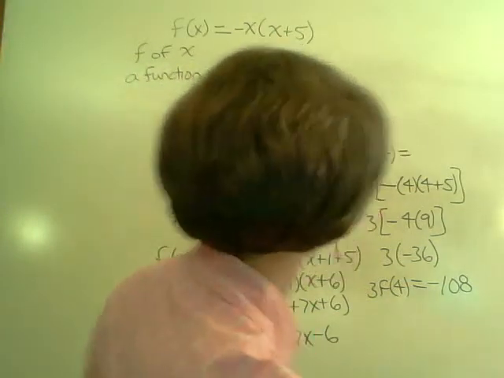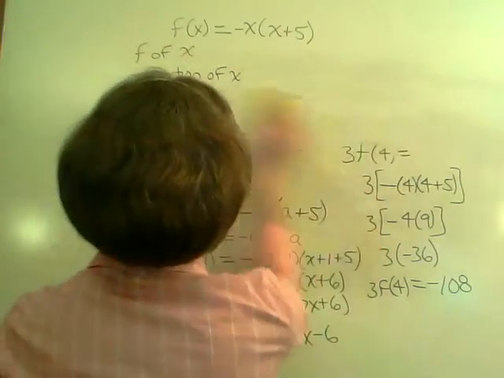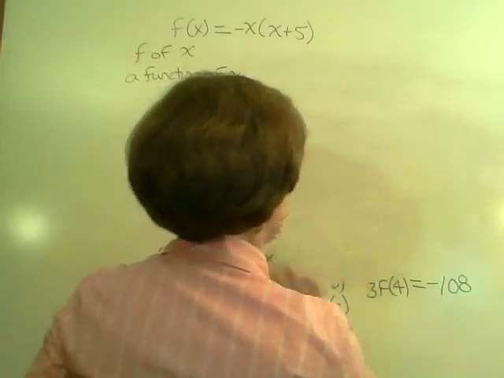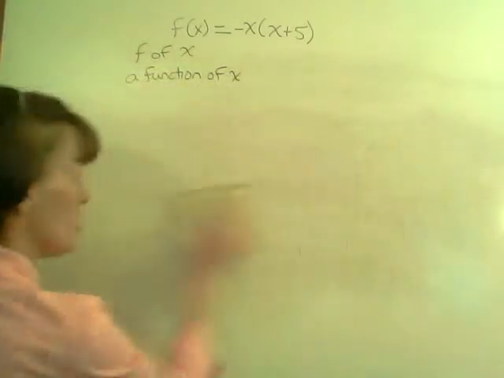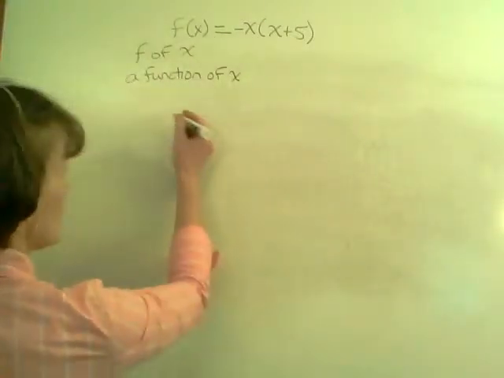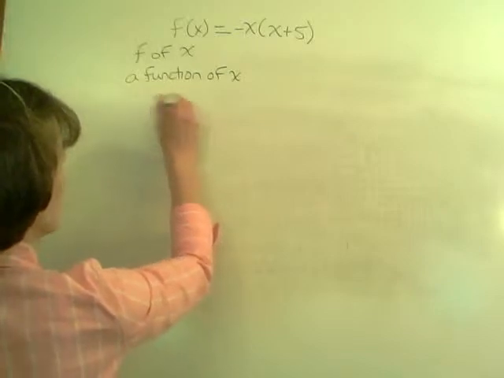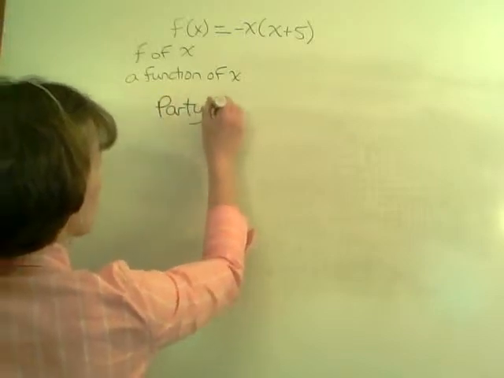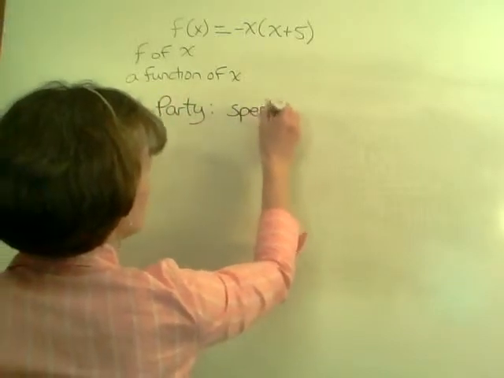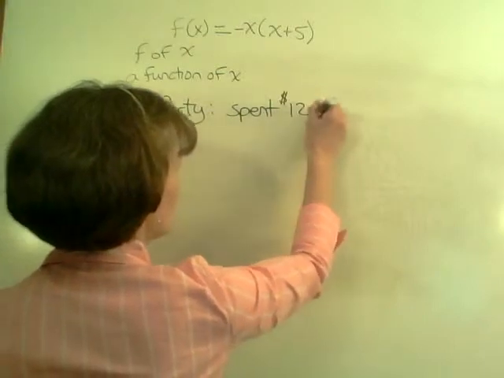Well, let's close this with a real-life application of function notation. Let's suppose that you're going to give a party, and you have already spent $12 on paper goods for your party. Okay, so you are giving a party. You've spent $12 on paper goods.